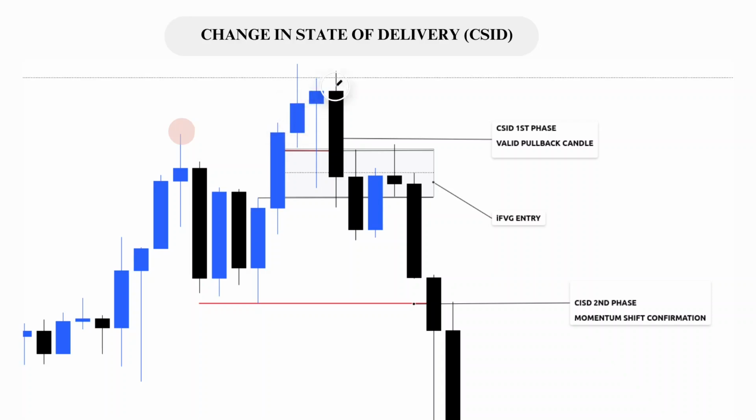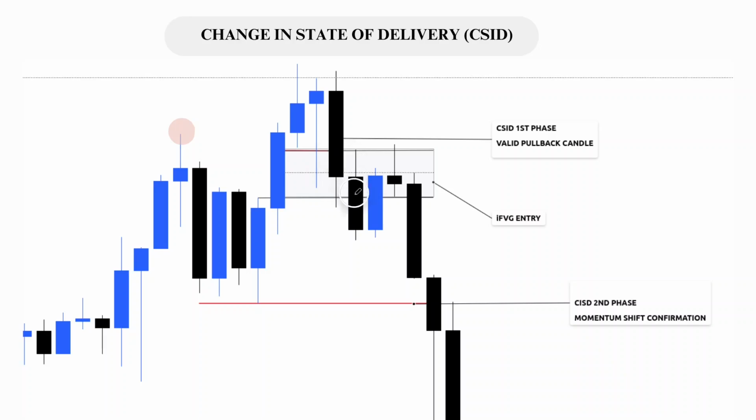When the next candle appears, we see a long bearish candle. This long bearish candle closes below this valid bullish candle. This long bearish candle, which is an engulfing bar, signifies a valid pullback. When this candle closes here, another bearish candle prints and closes beyond that range.